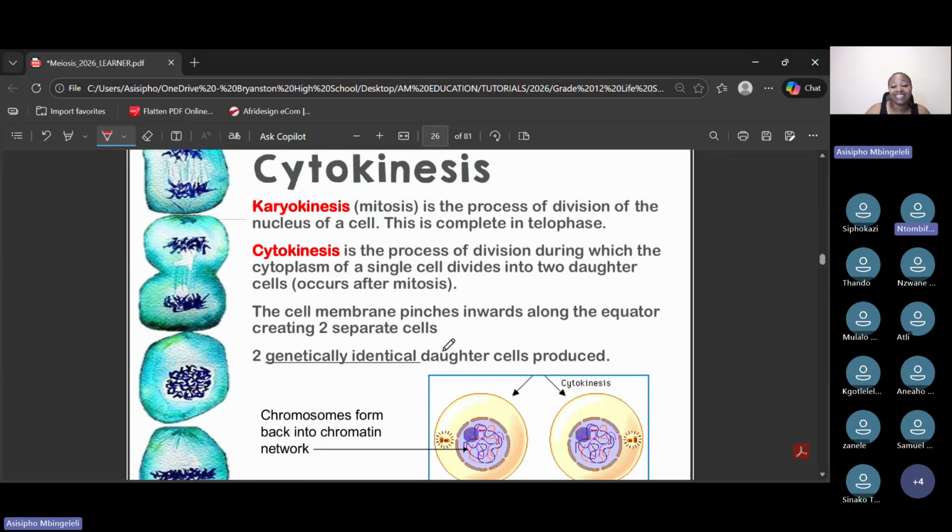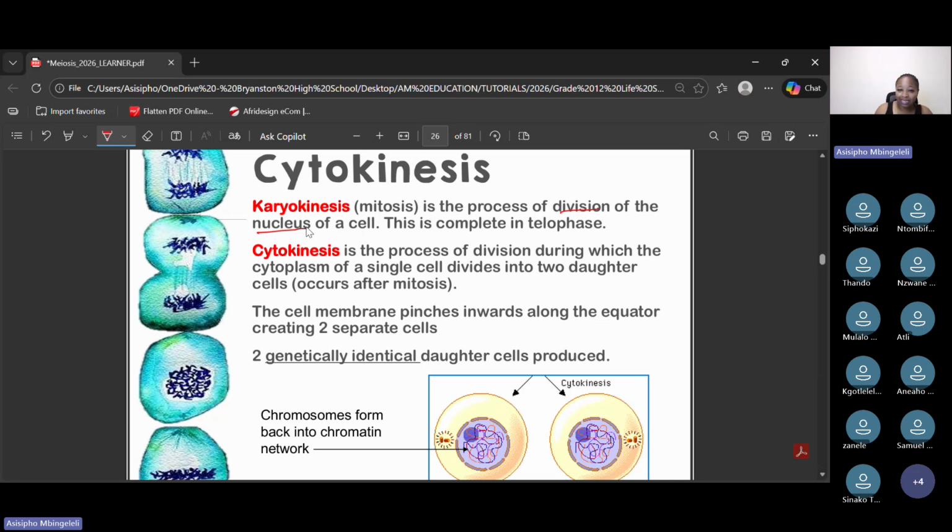All right. Then this is the terminology difference between cytokinesis and karyokinesis. So karyokinesis is the division of the nucleus. So this is completing telophase. So remember, we once had one nucleus in one cell, and now we are having 2 cells, and each cell will need a nucleus, so that would have obviously divided.